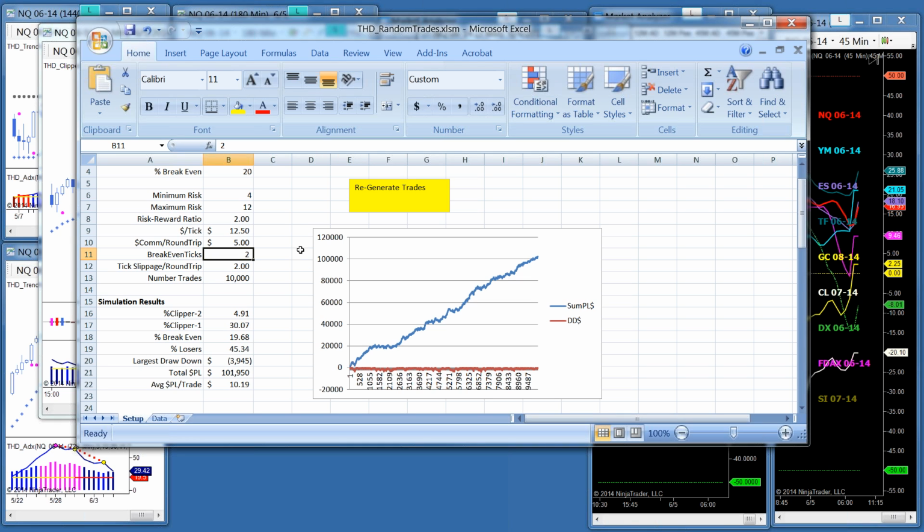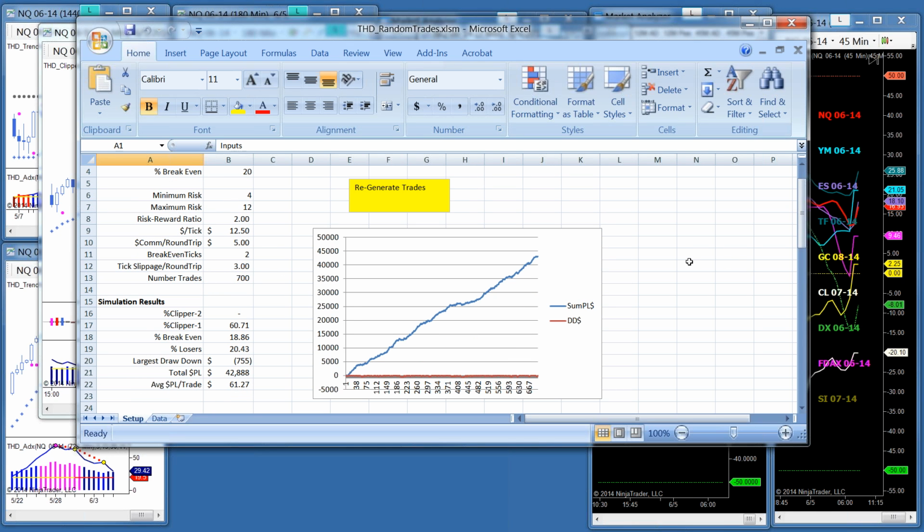All right, 3 ticks. All right, we're going to do 10,000. Well, I'm going to limit this to 700 because usually 700 is enough to actually give you a pretty reasonable expectation. You would make money if you abided by that.